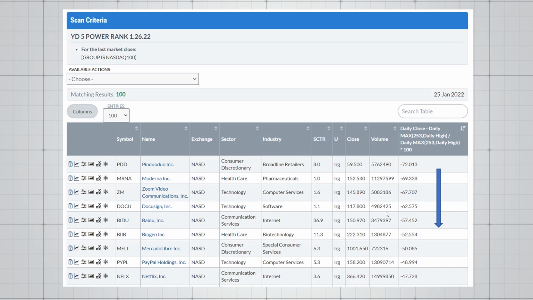Moderna, an SCTR value of 1 and almost 70% off its 253 period high. Note that the numbers get less negative as we go down the list, means we asked for an ascending sort and we have it. The smallest number, minus 72, is first, and we see minus 47 at the bottom of the page for Netflix.